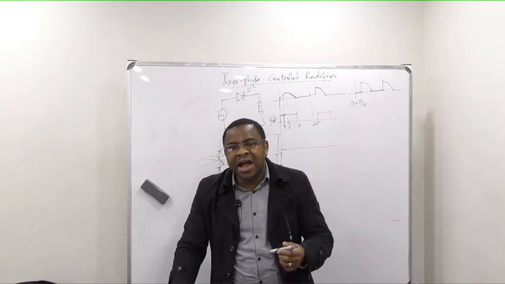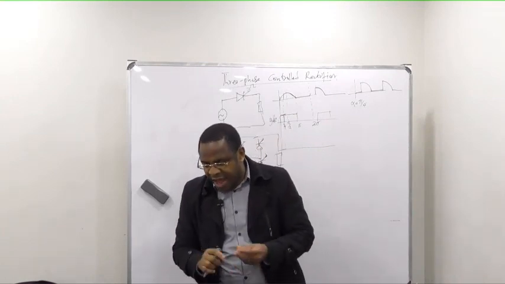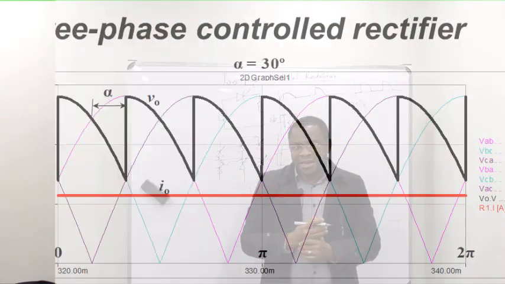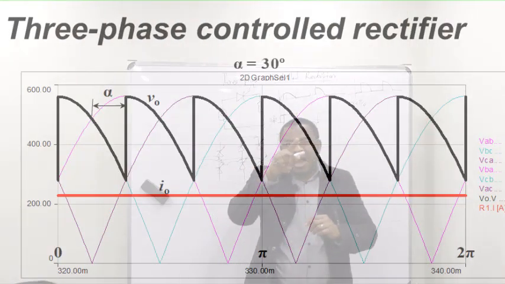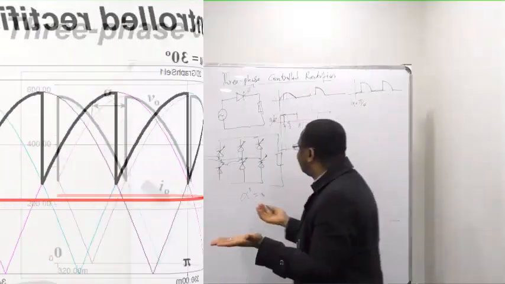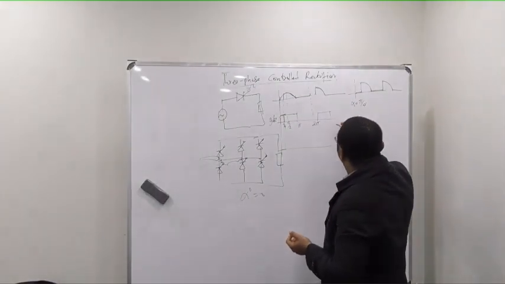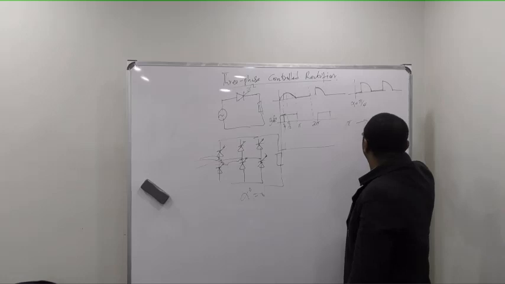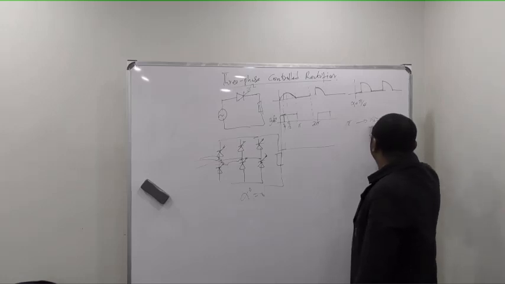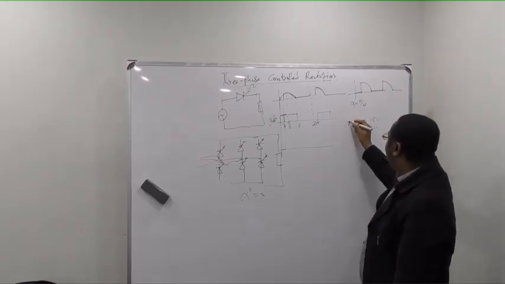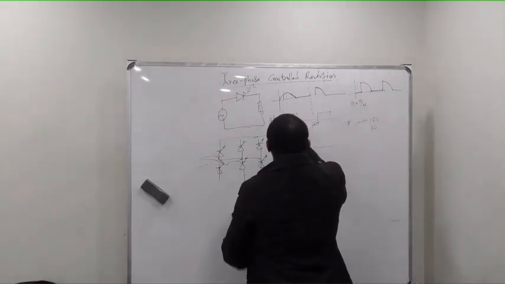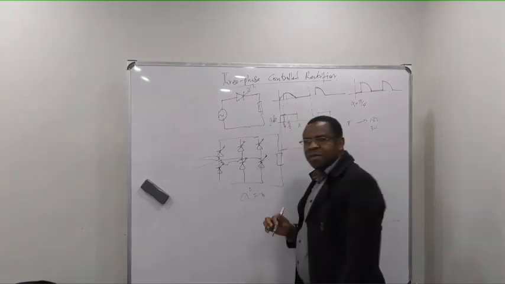Now, if the firing angle changes and you get a firing angle of, let's say, 30 degrees, this is how the signal will look. Remember that pi is the same thing as 180 degrees, so the whole of here is 180, and 30 degrees will be somewhere here.